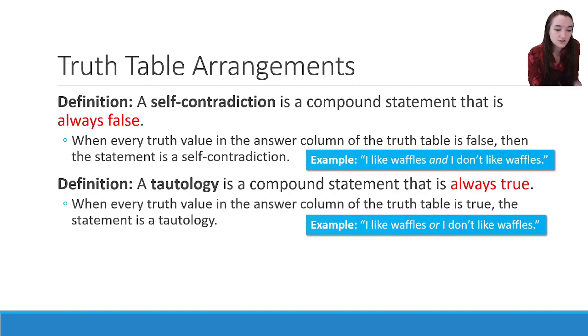Next, we have a tautology, which is a compound statement that is always true. So again, when we get to the final answer column of the truth table, and the final column is all truths, then it is a tautology. So if I say I like waffles or I don't like waffles, that one is a tautology because one of those two things has to be true.